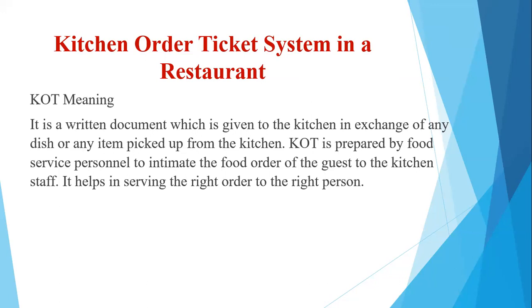And now this data can generate the sales reports as well. So it essentially goes into the billing system as well. So not only does it help to place the order in the kitchen, to serve the right customer with the right dish, but at the same time it takes care of the billing requirements as such.